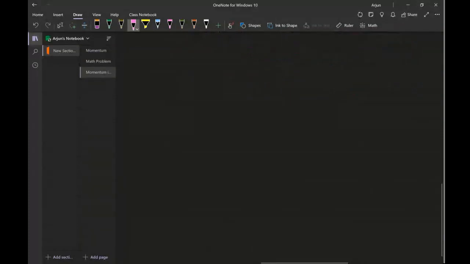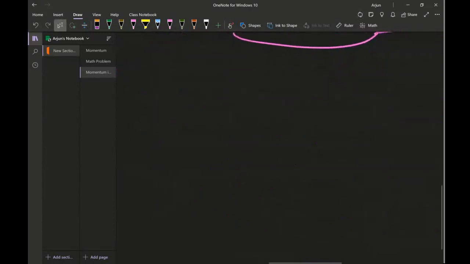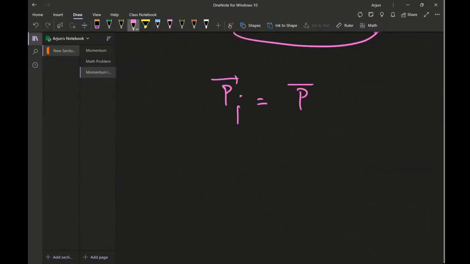Now there is an equation we can break down and elaborate on. P initial equal to P final. Now I'll break it down into mass and velocity. Initial momentum is equal to M1 V1 plus M2 V2, if there is more than one object in the system.